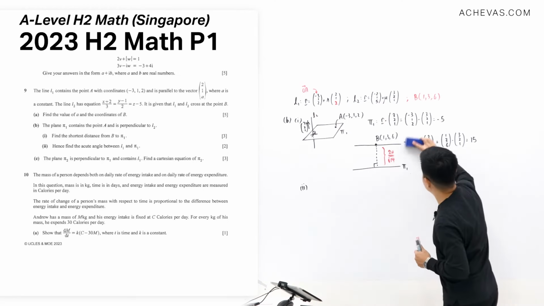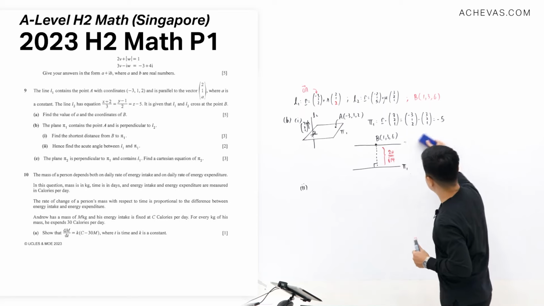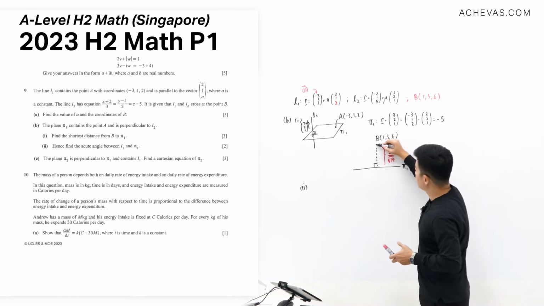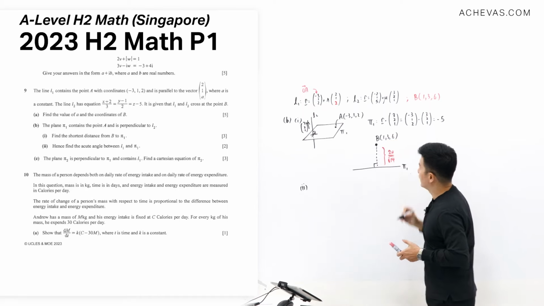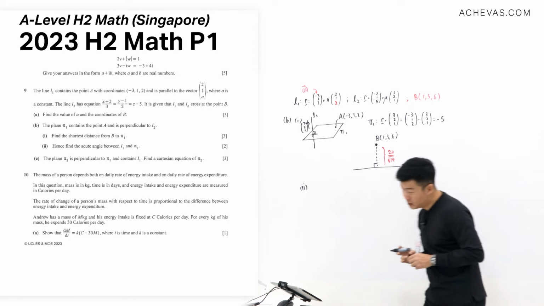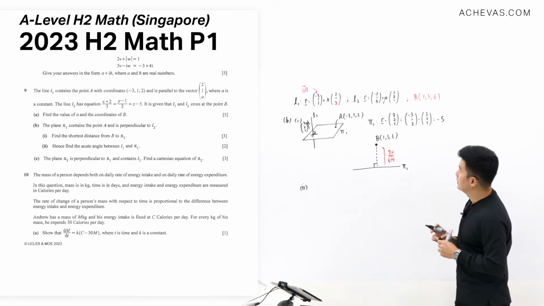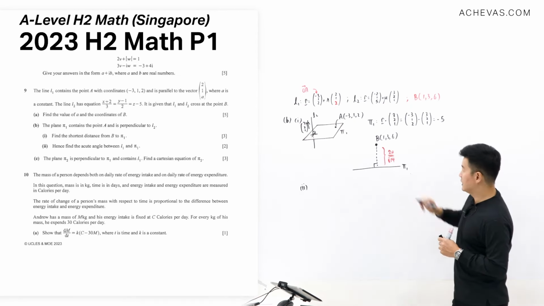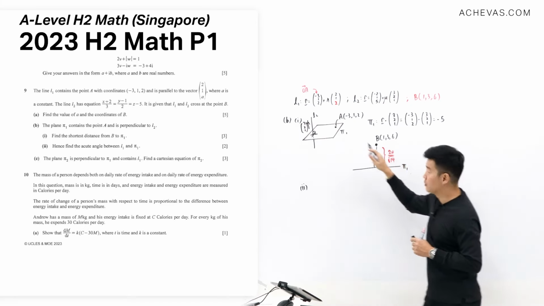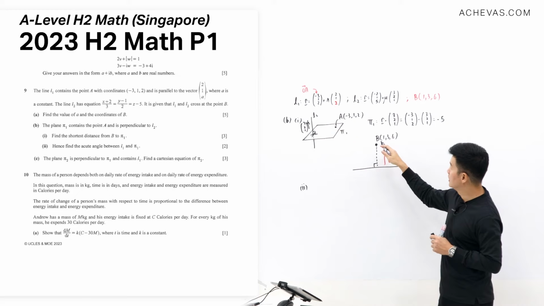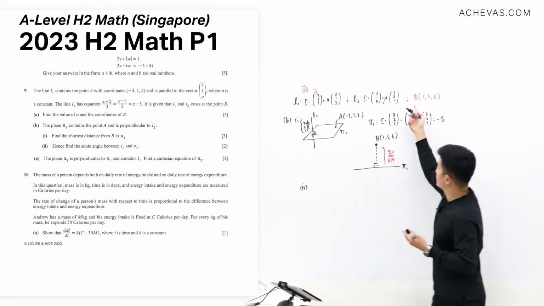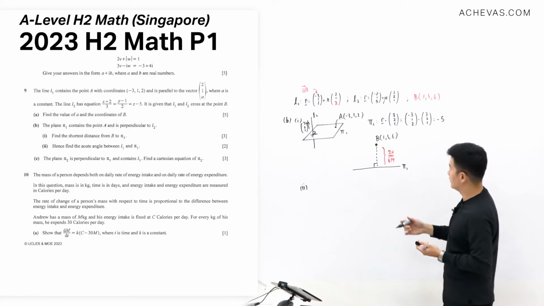Let me erase this so that we can look at just B. There are some things that we know so far. The angle between L1 and pi 1 is definitely what we are going to be making use of. And L1 will be passing through point B, because according to what we have discussed previously, the intersection between L1 and L2 is point B. So B must be lying on L1.